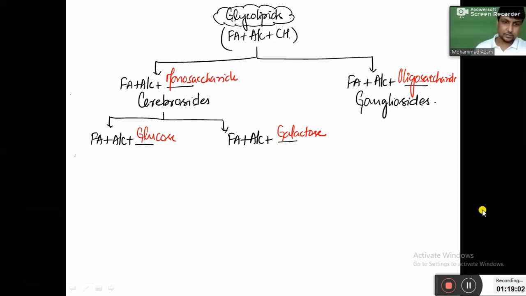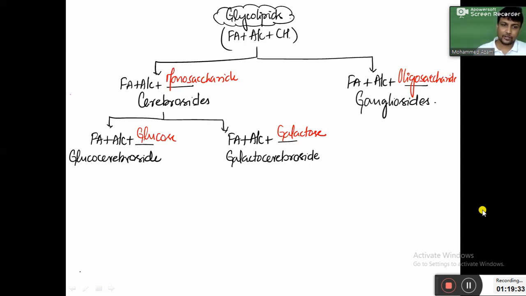It will be known as the glucocerebroside. And on the other side, if it is galactose, then it will be known as the galactocerebroside.